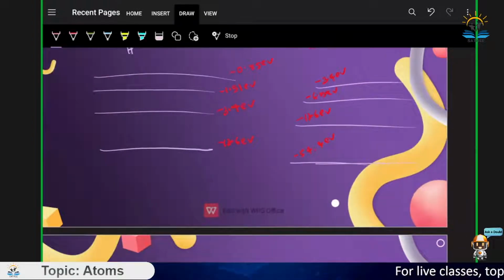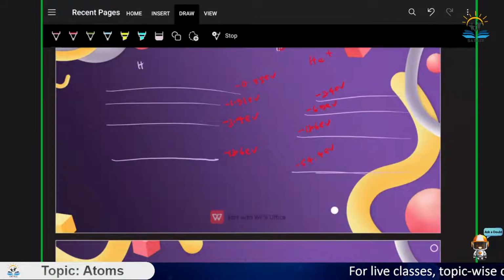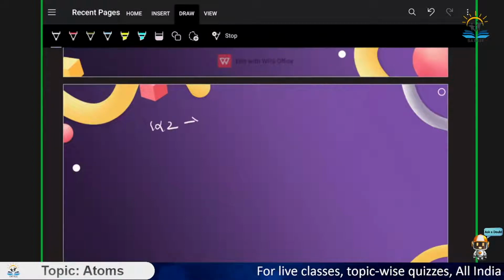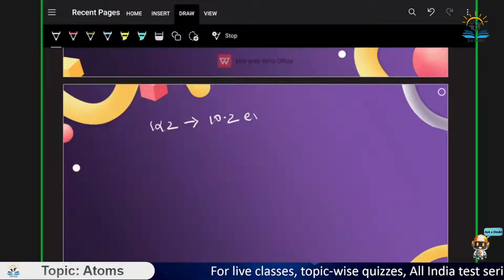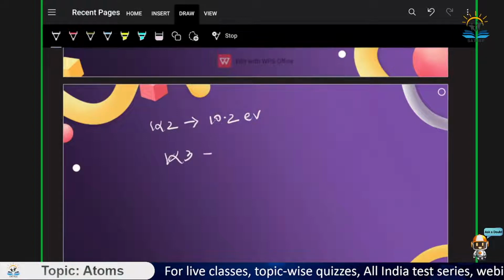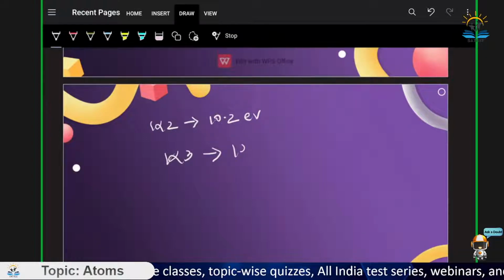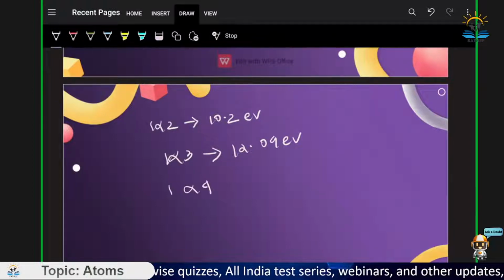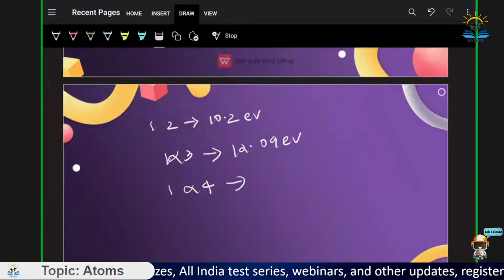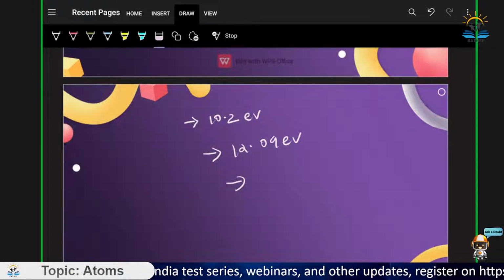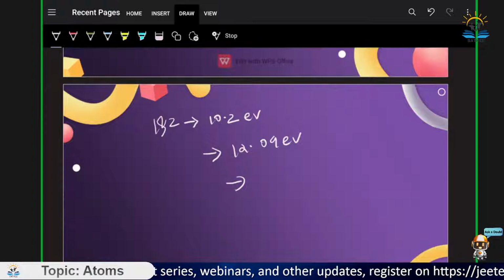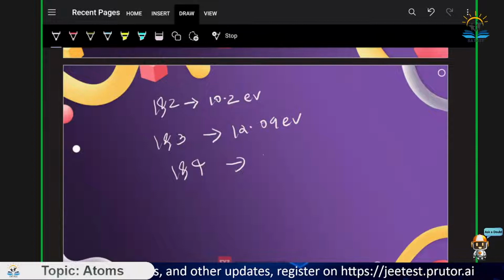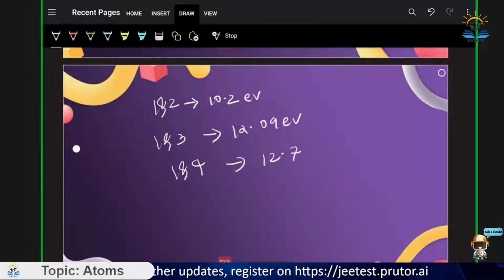And we have to study the energy gaps also. Energy gaps in hydrogen atom: between 1 and 2 will be 10.2 electron volt, between n equal to 1 and 3 will be 12.09 electron volt, between 1 and 4 is 12.75 electron volt.